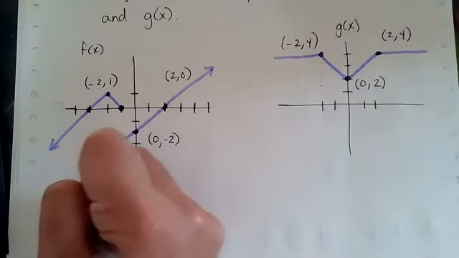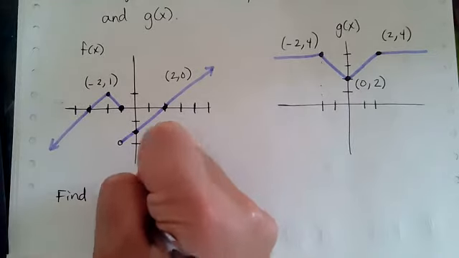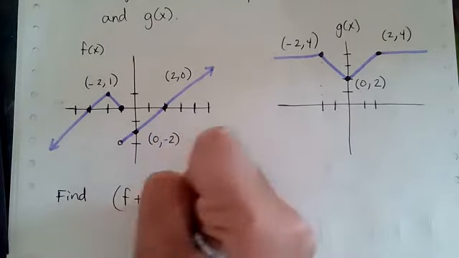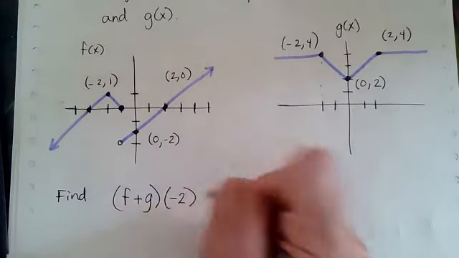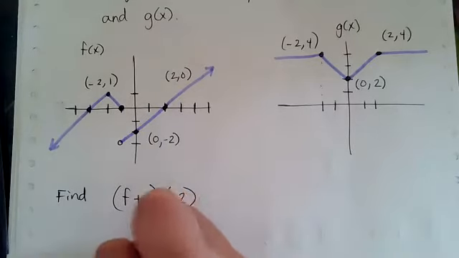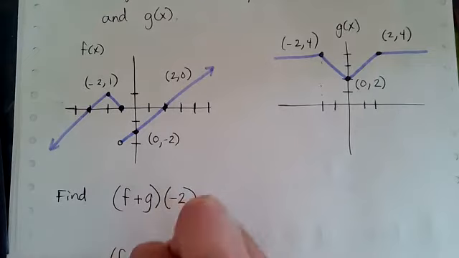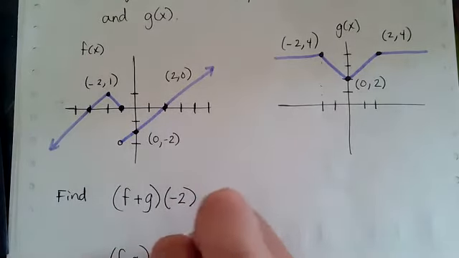And then we want to find f plus g at -2. We want to find f times g evaluated at 0.